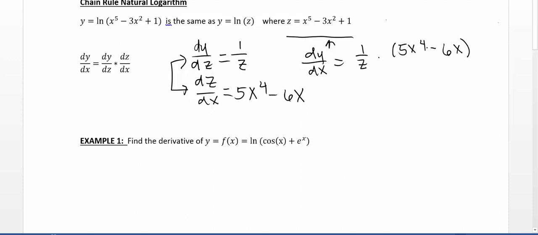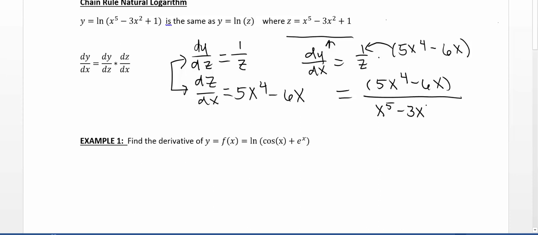Now, we don't want a z in our final answer, so we're going to substitute back in what z equaled so that we have everything in terms of x. Additionally, since we're multiplying a fraction times a function, our function can multiply into the numerator. So our numerator becomes 5x to the fourth minus 6x, and our denominator is our z, so x to the fifth minus 3x squared plus 1.